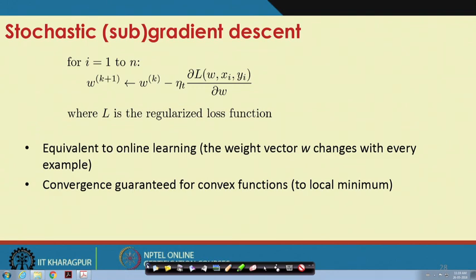So, instead of getting the entire set of training data, if you get a few training data points, you can still get the optimal model, and you can learn the optimal prediction function. So, that brings us to the end of this lecture.